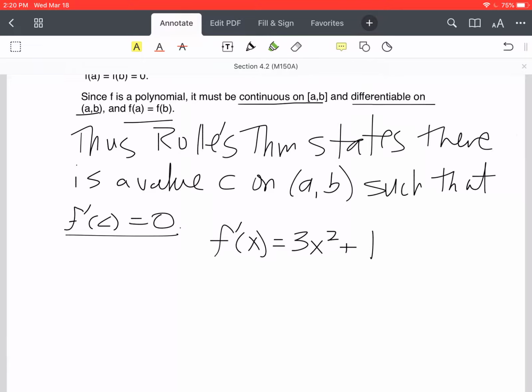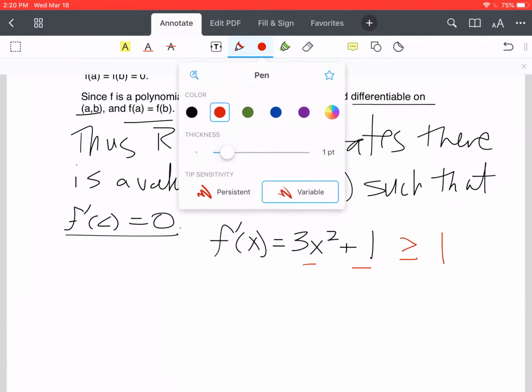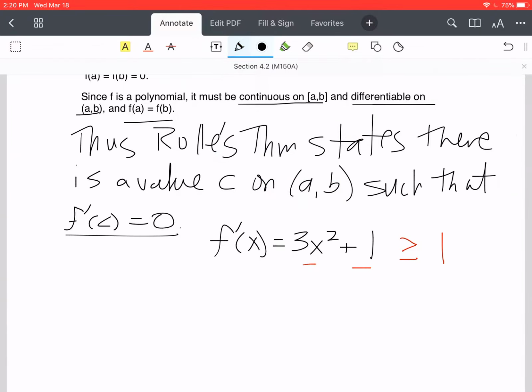However, notice something about this derivative function that makes it a little unique: no matter what value I put in for x, whether positive, negative, or 0, I'm always going to make it positive and then add 1 to it. This value must always be at least 1. No matter what the x value is, this derivative will always be at least 1, which means it can never be equal to 0.